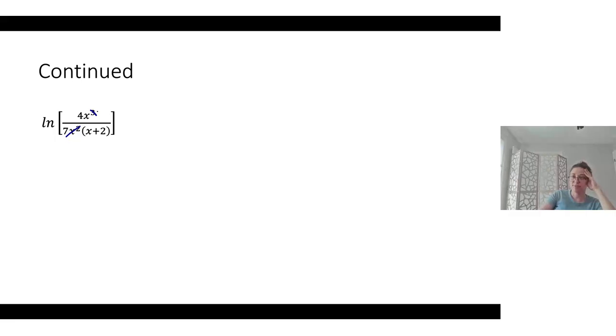So I simplify those common factors first, just like we did when we talked about rational functions. So that this is now the natural log of 4x over 7 times x plus 2.